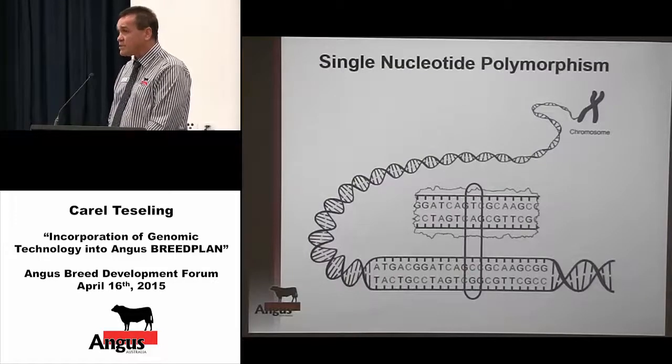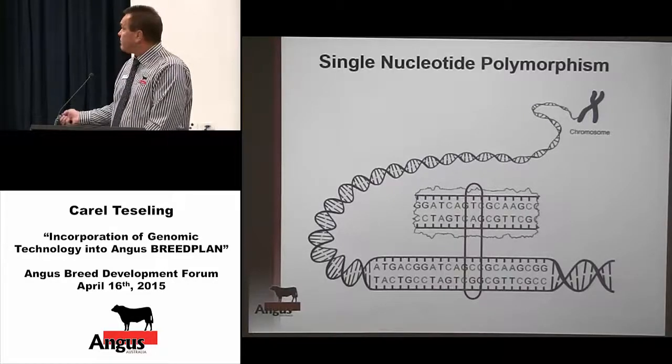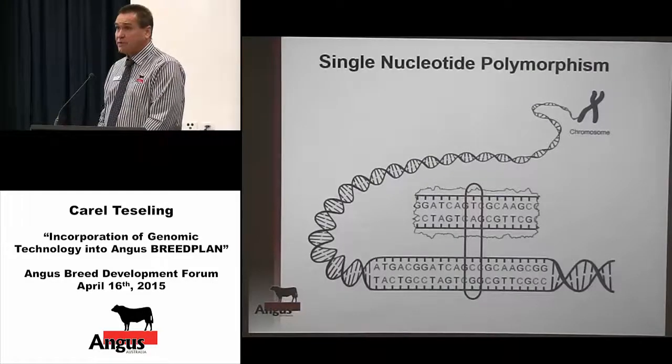That's really the size of the change that happened with NH. It's a single base pair change that caused NH and those animals to be dead on birth. It just shows how big an impact something that small could have. But that's a very, very simple explanation of what a SNP is.